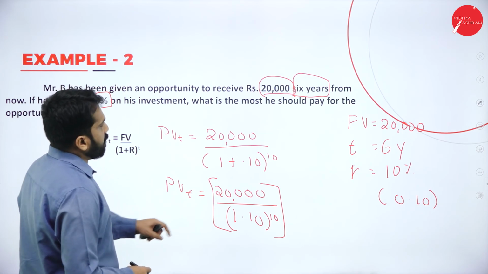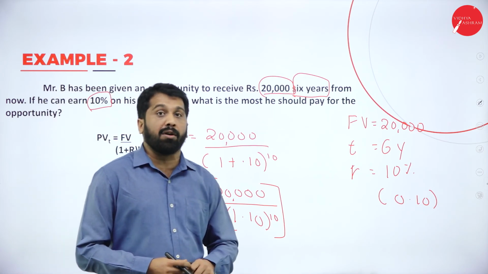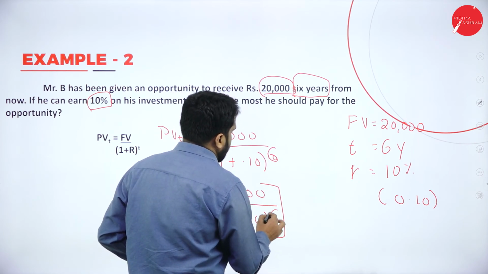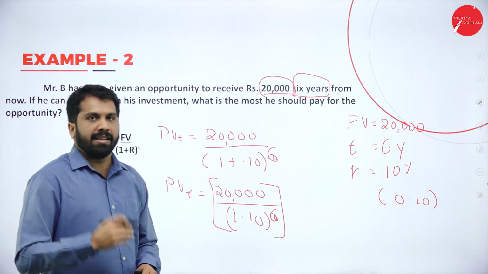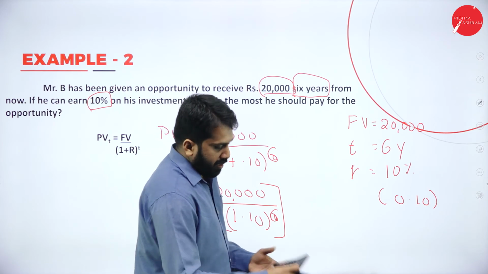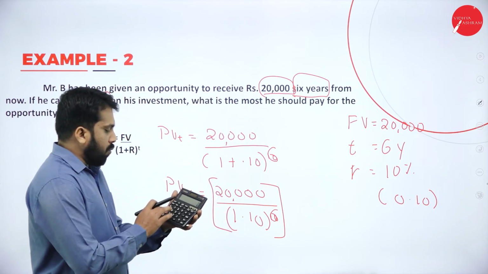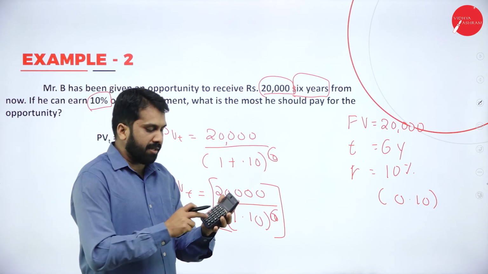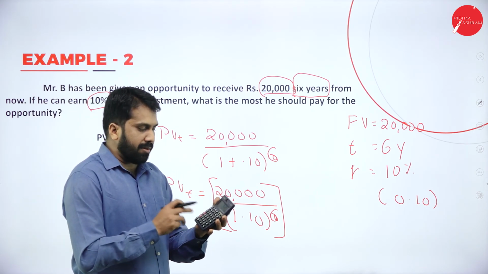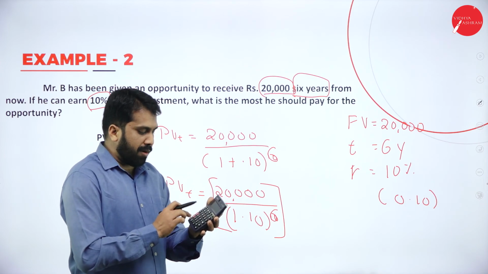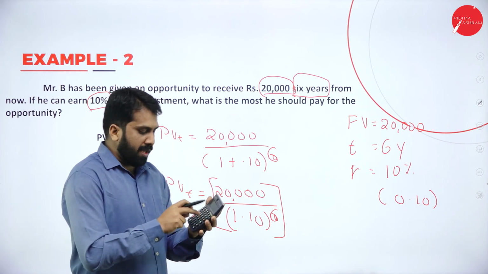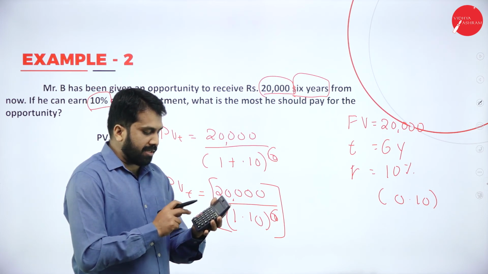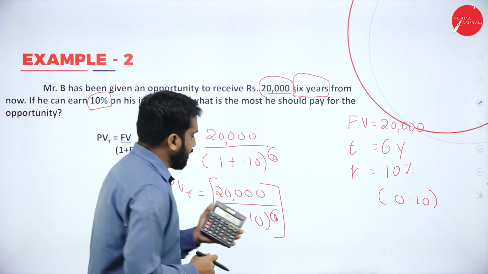Now, in this problem, we don't have 10 years. We have how many years? 6 years. So it must be how much? 6 years. Simplify this. So, how much is it? 1.10 into 1.10, 2 times, into 1.10, 3, into 1.10, 4, into 1.10, 5, into 1.10, 6. 1.771.